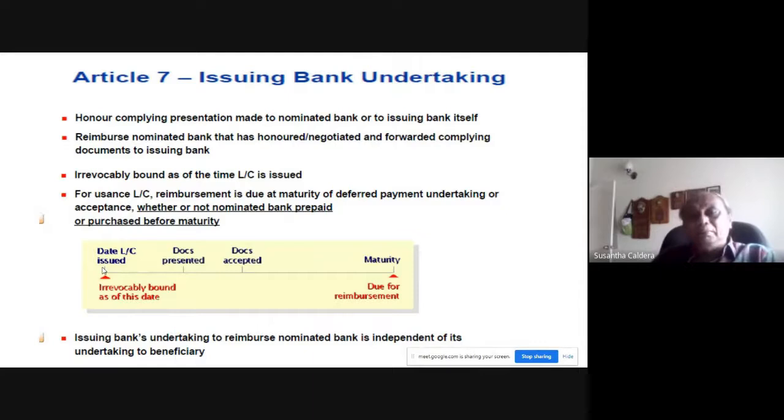It must reimburse the nominated bank that has honored or negotiated and forwarded compliant documents to the issuing bank. After the nominated bank has honored or negotiated, and forwarded the compliant presentation documents, the issuing bank has an undertaking to reimburse the nominated bank.